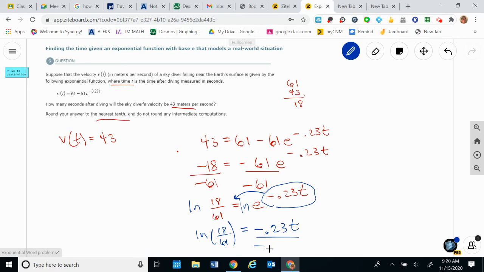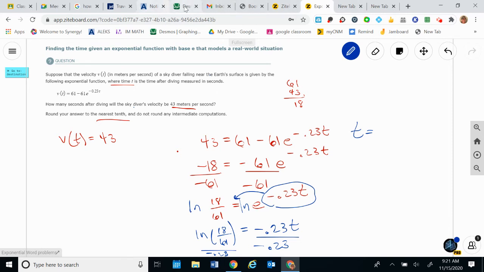Okay, and then divide both sides by negative 0.23. Let's see what we get. I'm going to write this down real quick. ln of 18 over 61, divided by negative 0.23. What's weird about this is that it starts at 61.